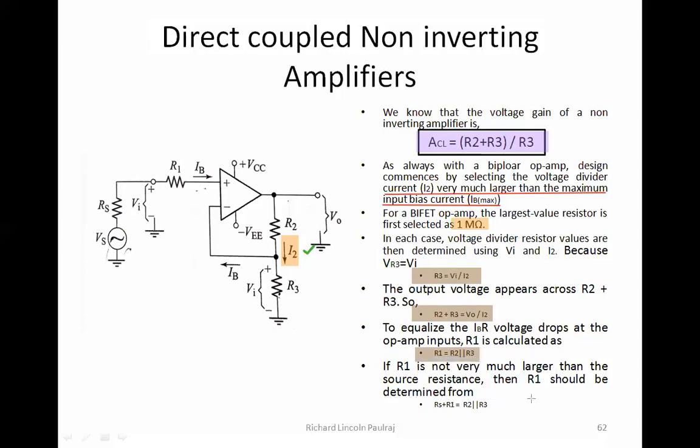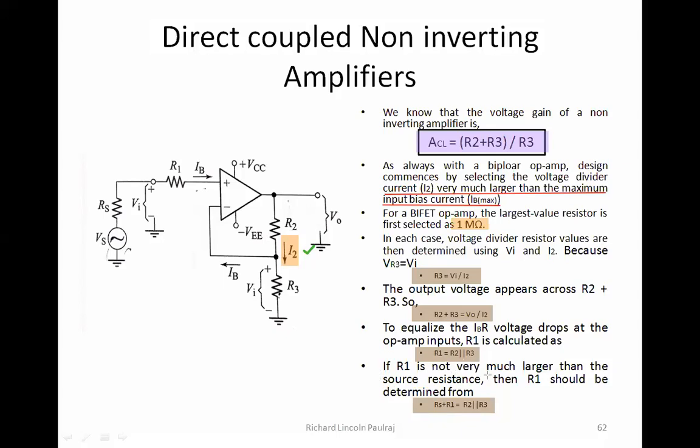When I say designing the op-amp, it means that we will be deciding the values of R and the values of I, based on what is available and what is to be found. If we do not have values for them, we assume values taken from the data sheet.